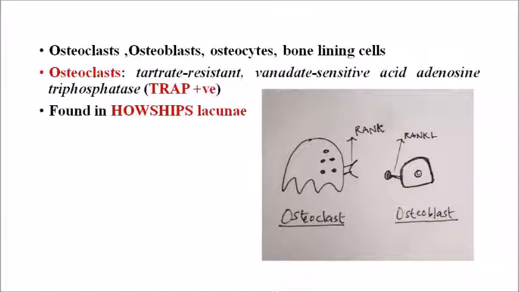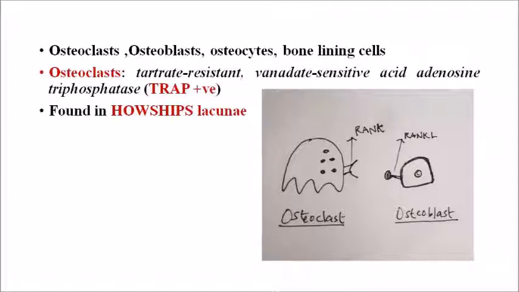How? The osteoblastic surface possesses the ligand RANKL. It is the ligand for the RANK receptor. So, when the RANKL ligand present on the surface of the osteoblast attaches to the RANK receptor on the surface of the osteoclast, the osteoclast gets activated and it can carry out its bone resorption process.